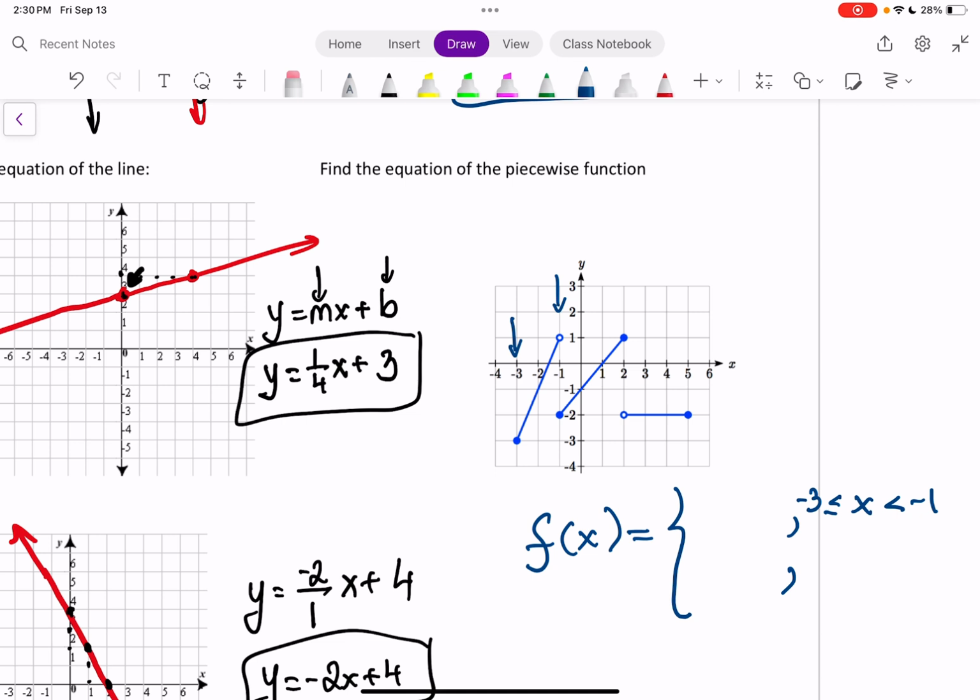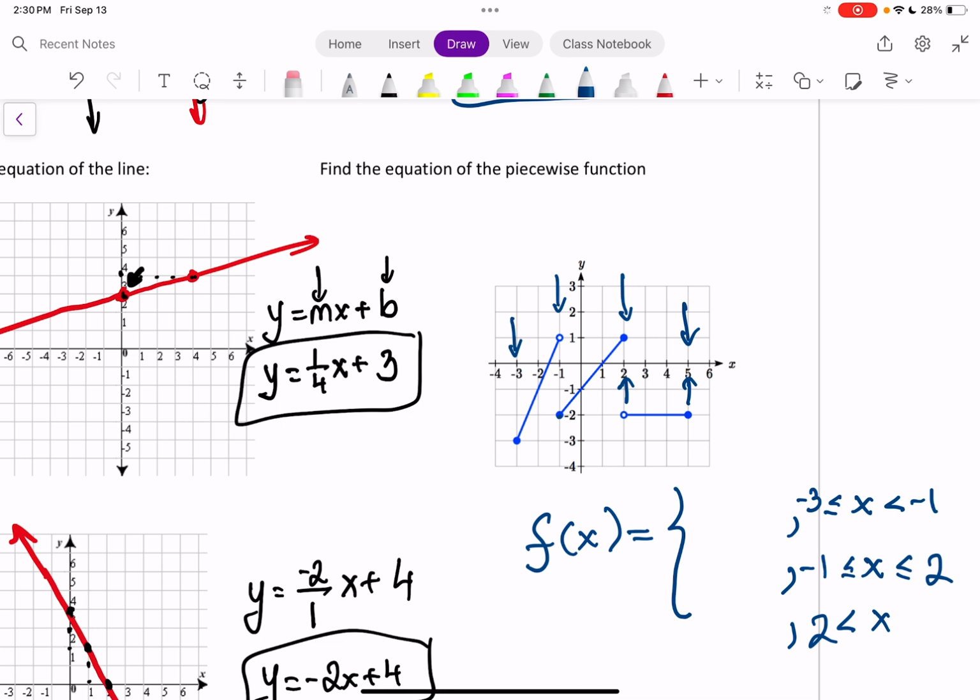The next piece gives us the definition for x's between which two numbers? -1, which is included because this point's bubbled in, and +2, which is also included. And the last definition goes in between 2, not included, right?